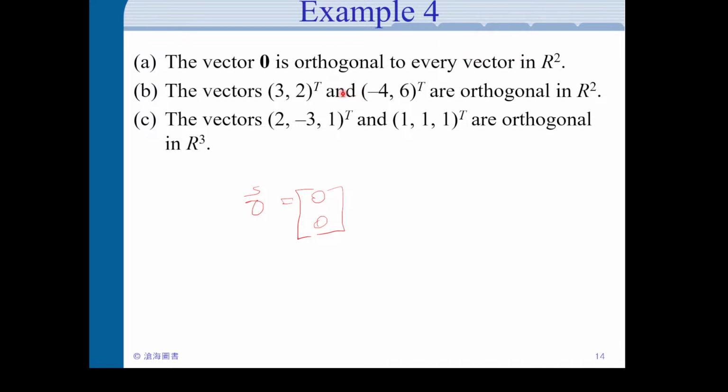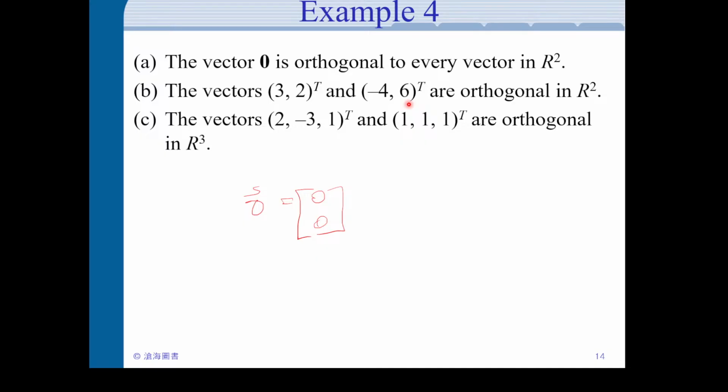And we have a more common case. We can have the vector 3, 2 and the vector minus 4, 6. The inner product will be 0, and they will be orthogonal to each other. So the inner product will be minus 12, then plus 12. We can also have a 3-dimensional case.